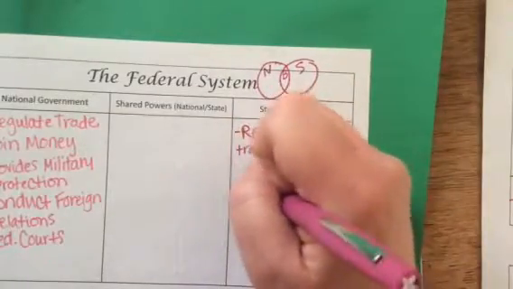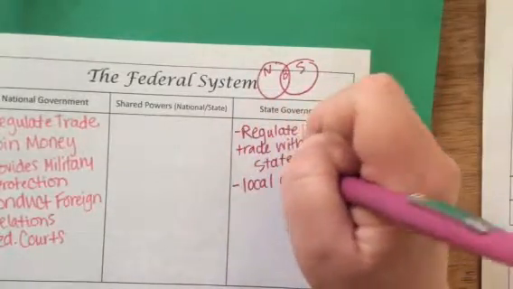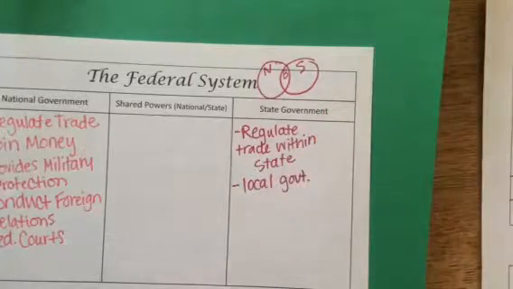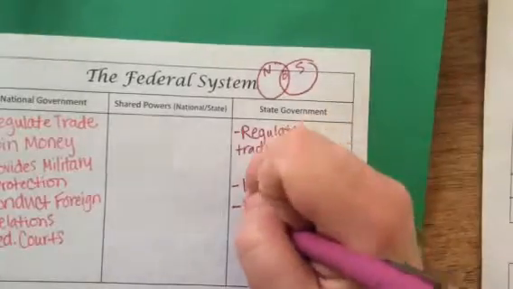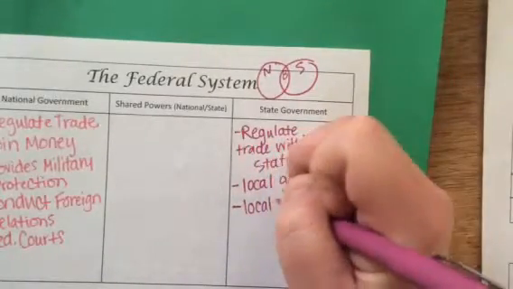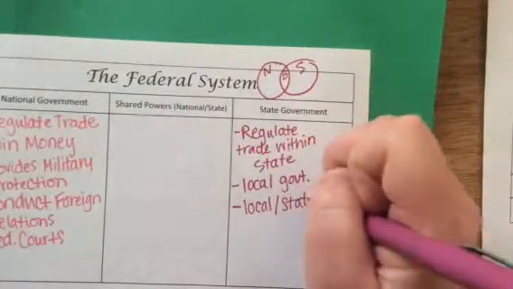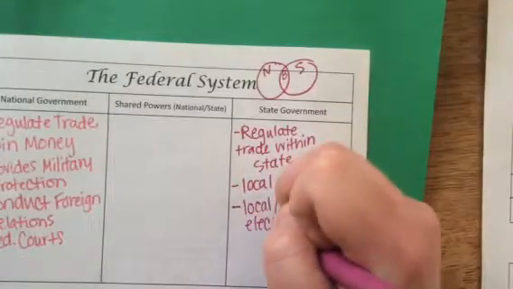Okay, they can also form local governments, meaning that they can make local council groups, local ordinances. Like, for example, in Abilene, we don't allow smoking indoors. That's a local law. Other places have different laws about that. We can also hold local and state elections.